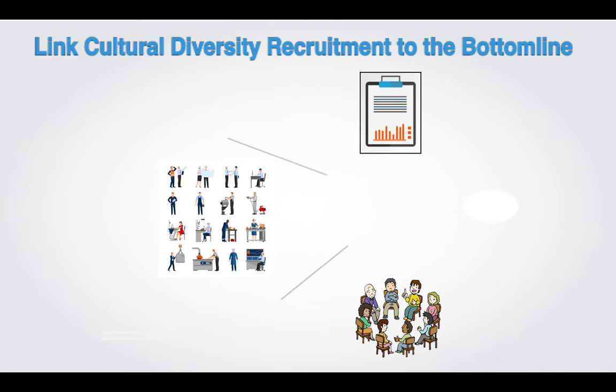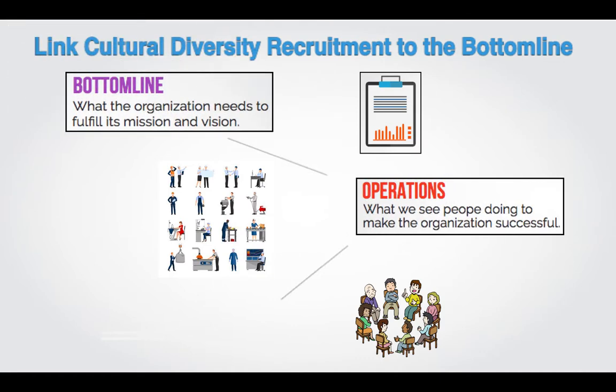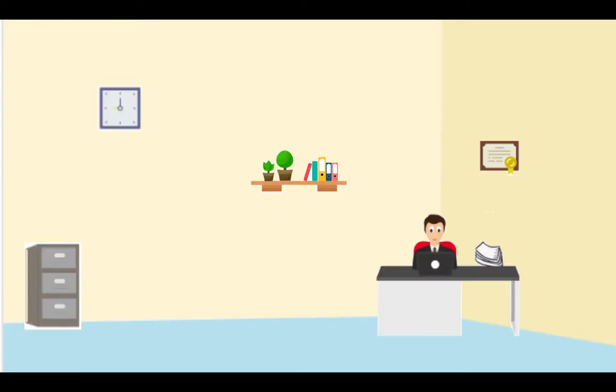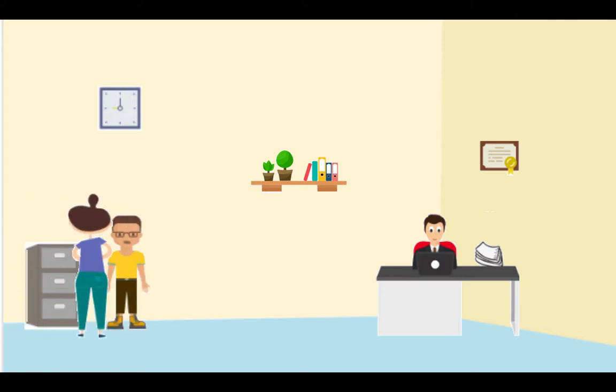The Diversity Recruitment Scorecard method is a way to make the linkages among the organization's bottom line, everyday operations, and cultural diversity among the staff. The balanced scorecard method comes out of human resource management. Human resource managers sought new models that were more in line with the emergence of the knowledge-based economy.